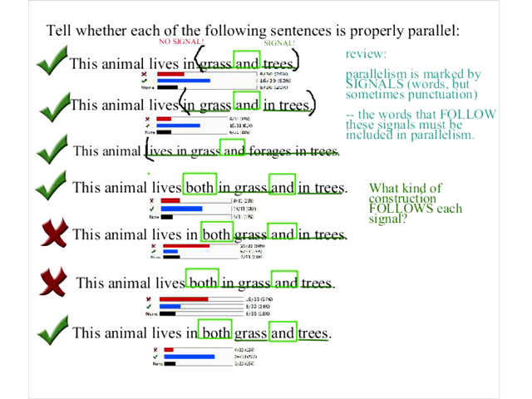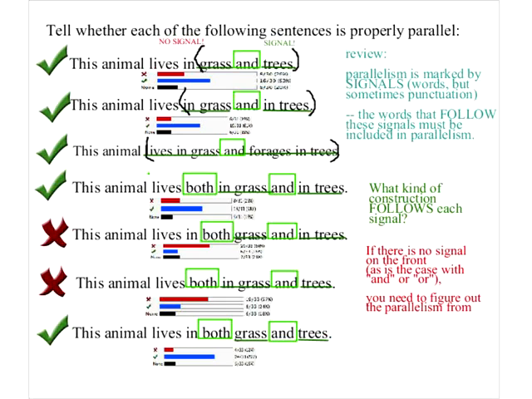What's interesting here is that you may have to process parallelism from left to right to figure it out. Like, if there is no signal on the front, such as just and, or, then you need to figure out the parallelism from right to left.